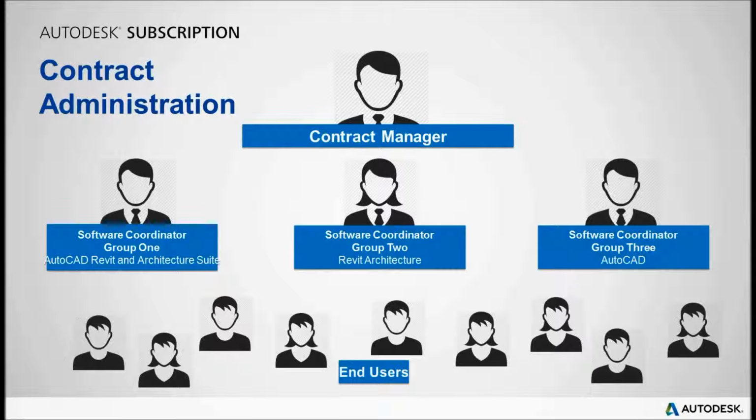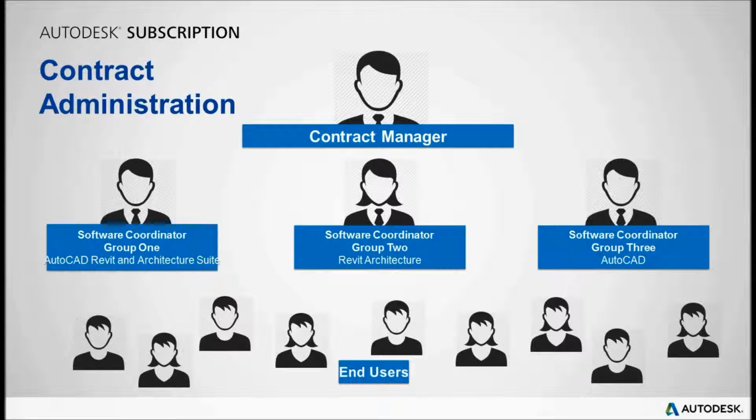So, going back to the roles that I brought up previously. I just wanted to make sure that we get this covered off, a glossary of terms, if you like, just to make sure that we're all aligned. There are three main roles that can be assigned as part of administrating your Autodesk contract.